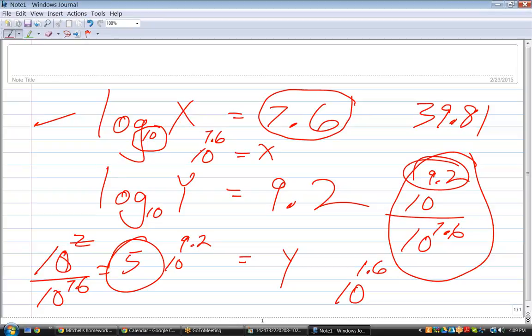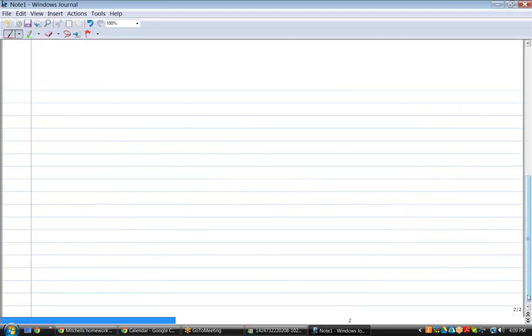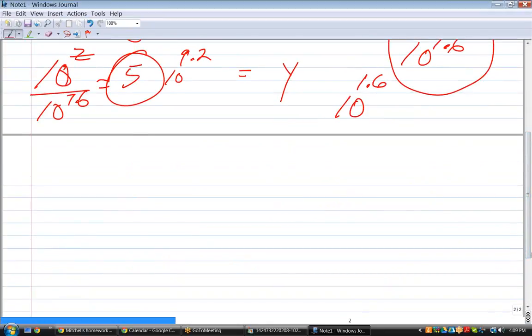So it's going to be less than 8.6 for sure, right? Because 8.6 would be 10 times bigger. So let's solve this equation. We got 10 to the z is equal to 5 times 10 to the 7.6.